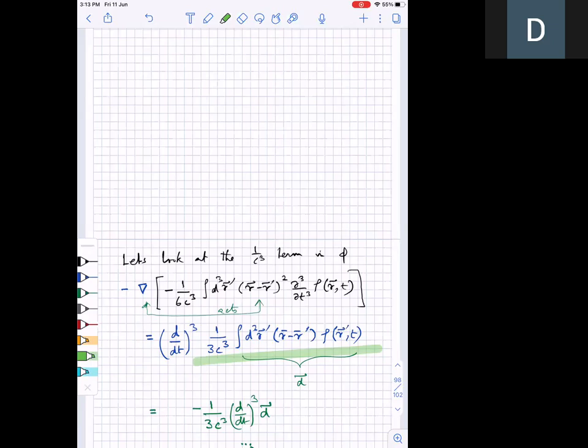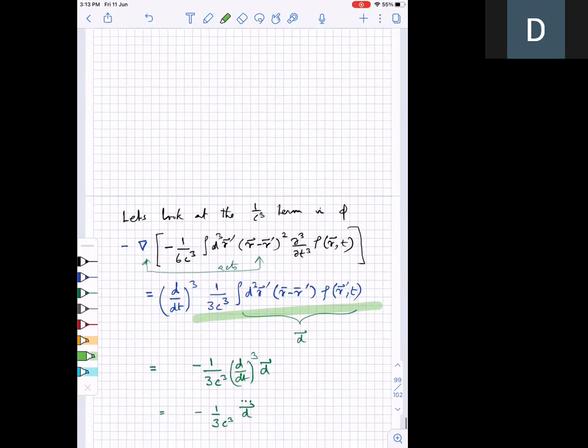Now look over here, this thing inside the integral is nothing but the dipole moment. It's r into rho. That's the dipole moment. So this grad of the c cubed term in the phi expansion is nothing but 1 by 3c cubed times the third derivative of the dipole moment.